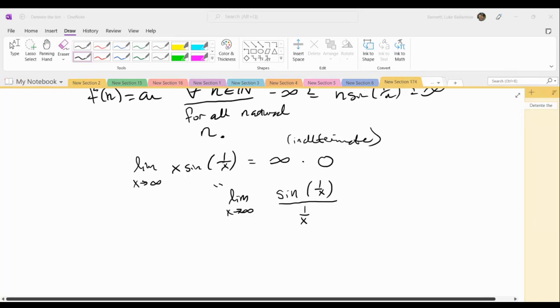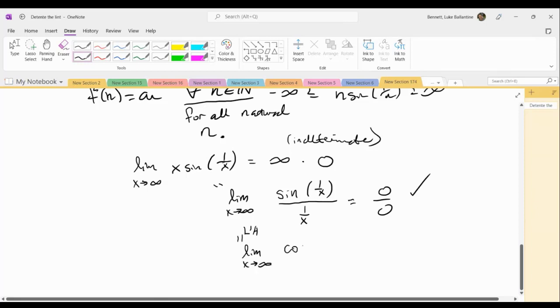You can check that these are equal by multiplying by the reciprocal. And now this limit is actually 0 over 0, which is good because it's the type of indeterminate we can handle with L'Hopital's rule.